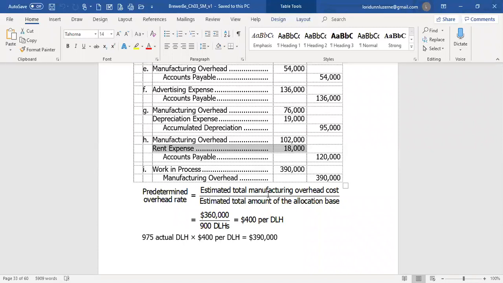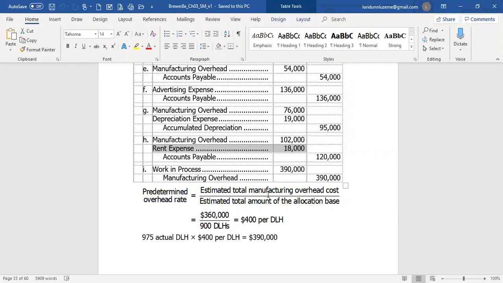How much should be applied out of the manufacturing overhead account into the work in process inventory account? Because that is how we record overhead into our work in process inventory. So what costs, indirect costs, these overhead costs, should now become costs of inventory.